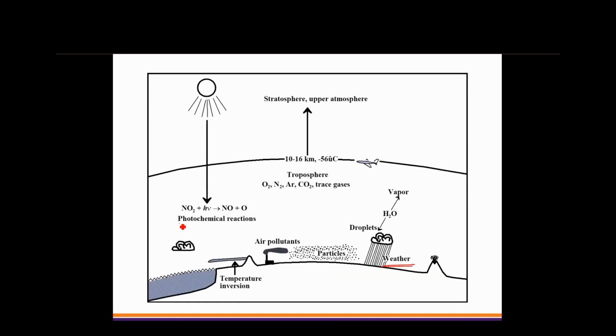We also have photochemical reactions occurring, dispersion and mixing of air pollutants, and we can also have turbulence, temperature inversion, and so on. We will discuss this in detail in air pollution.